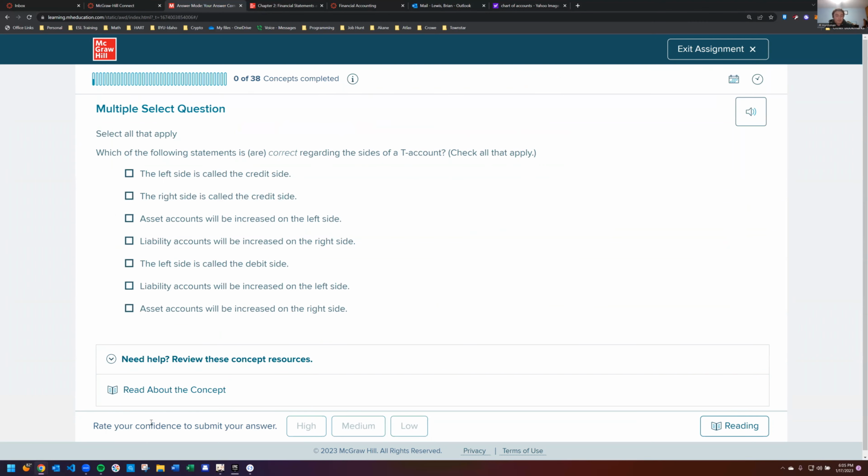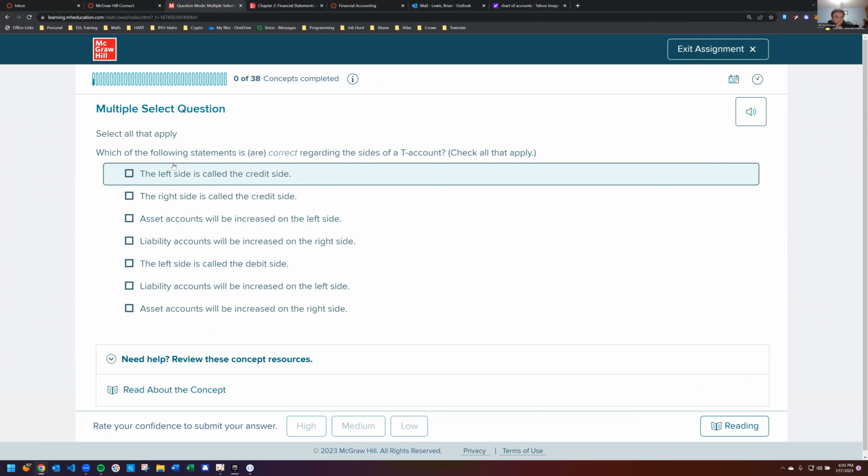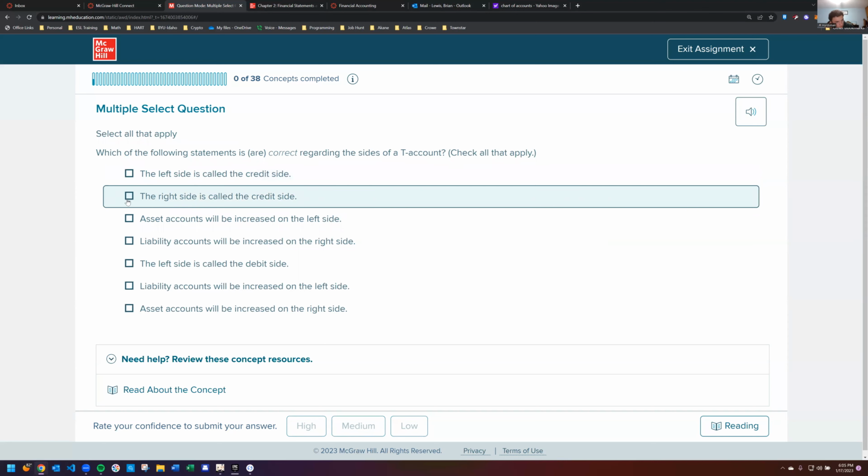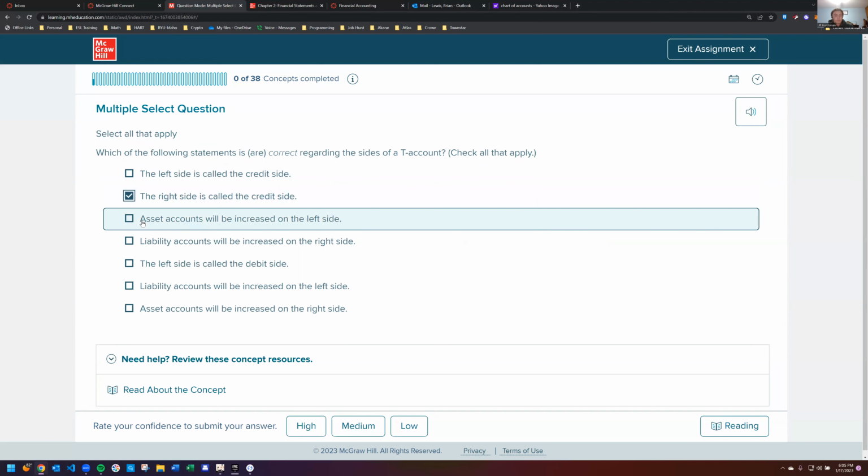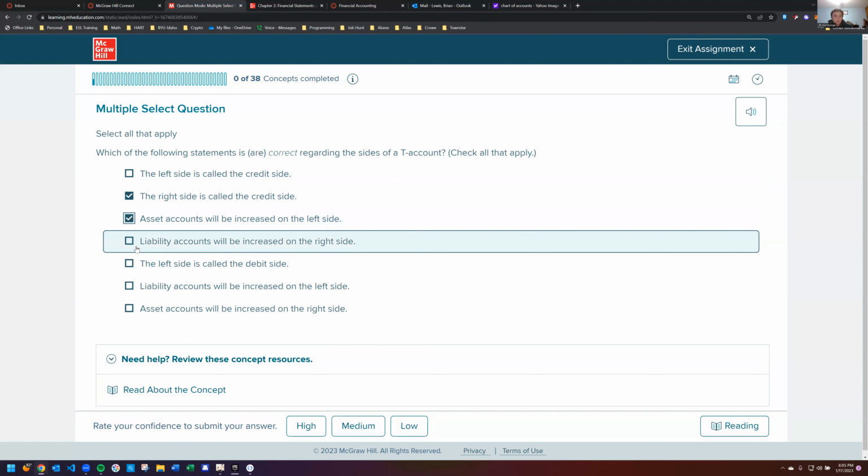Okay, next question. Which of the following statements are correct regarding the sides of a T account? The left side is called the credit. Nope. Right side, yep, that's right. The right side is the credit side. Asset accounts will be increased on the left side. That's a debit. Usually assets, yes. Liability accounts will be increased on the right side, correct?